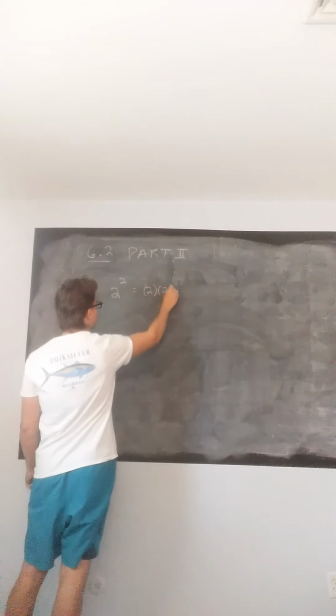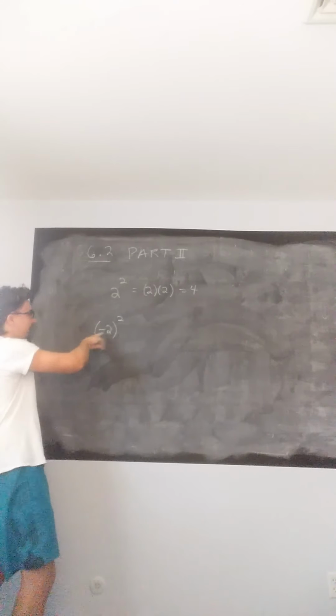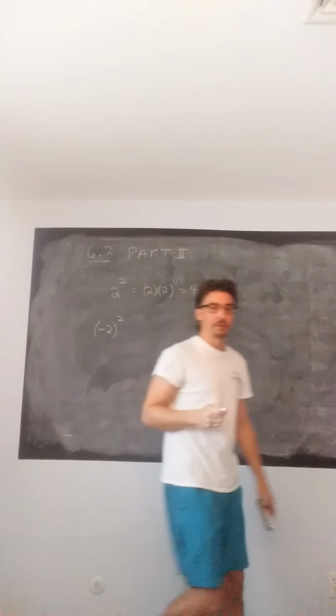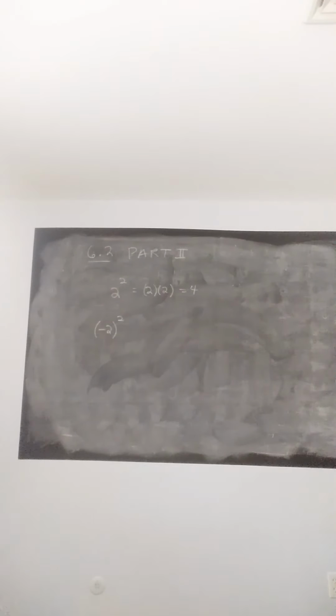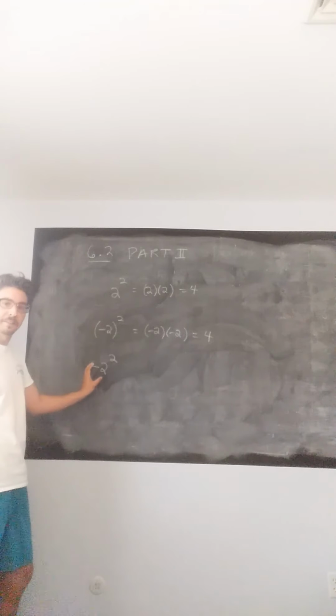Well, notice the parentheses around the whole number negative 2. So that means the sign is going along for the ride. So that's going to be negative 2 times negative 2, which should be a positive 4. Which is different than if I have negative 2 squared written this way. You see how there's no parentheses at all?